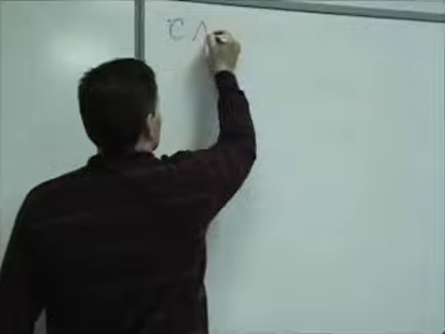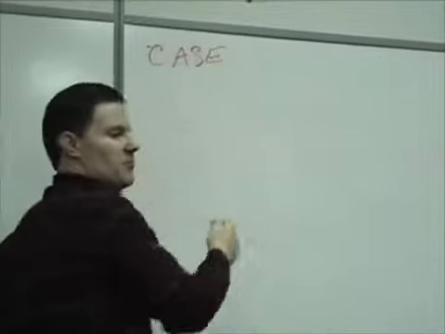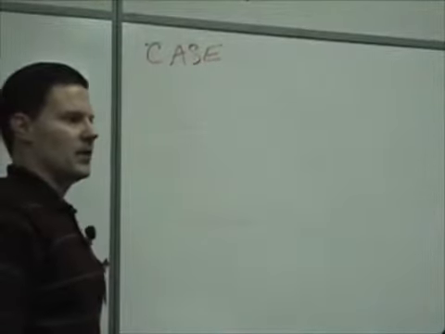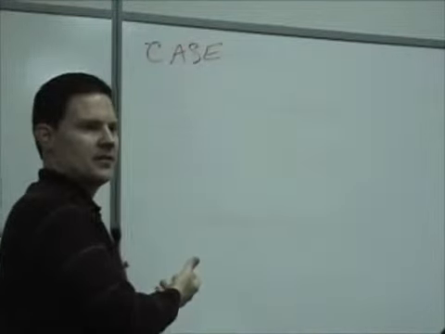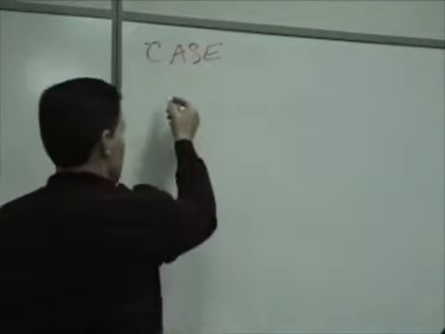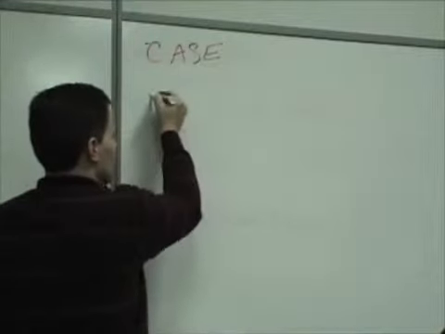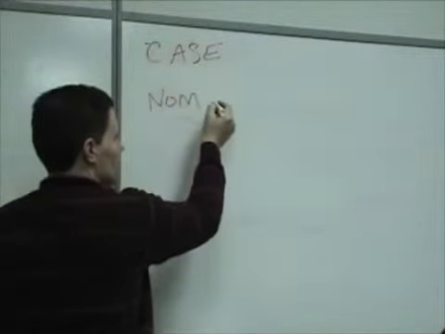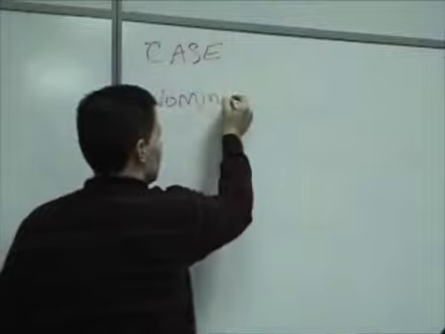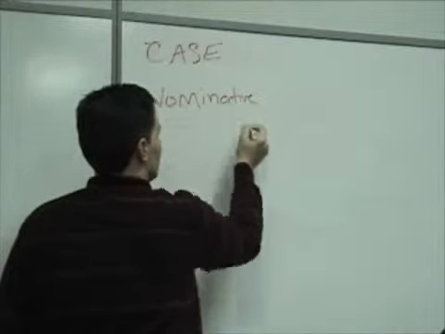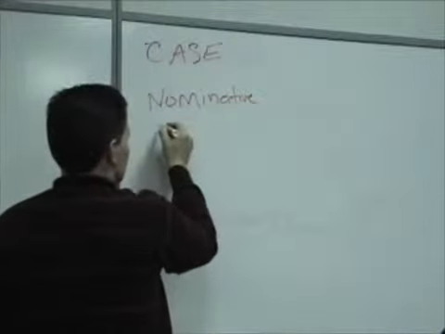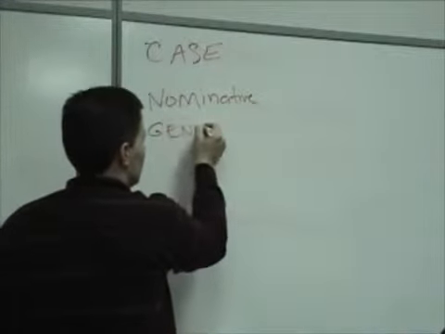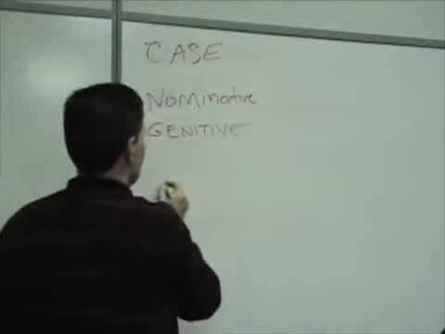Another thing that we've talked about is case. We've already talked about it tonight. Case is what the noun is in the sentence. So the subject in English, we've got nominative case in Greek, and then the possessive is the genitive, and we'll review these here in a bit.